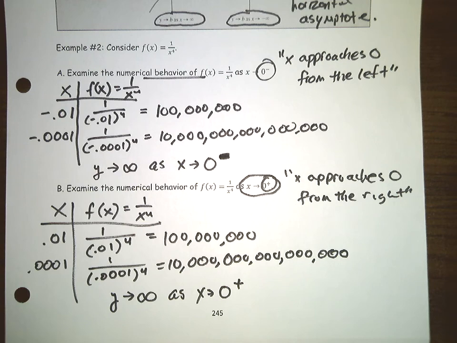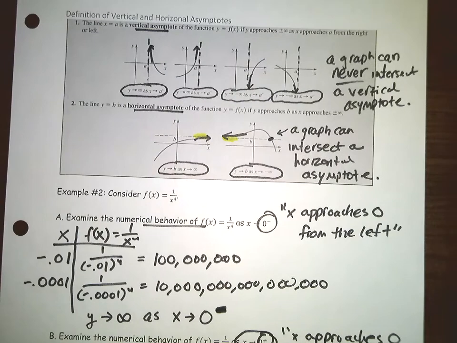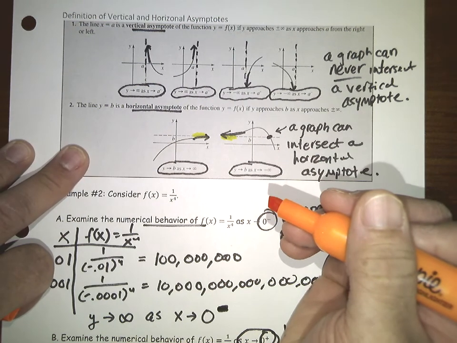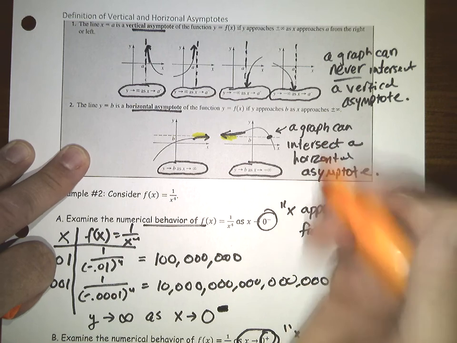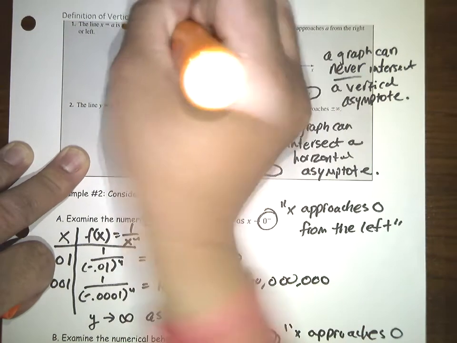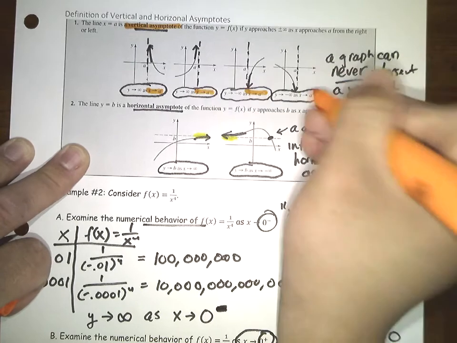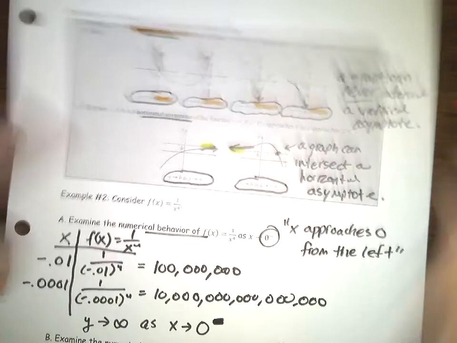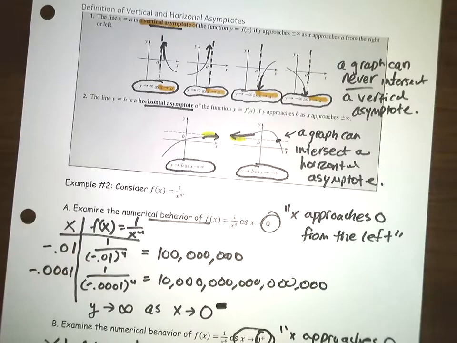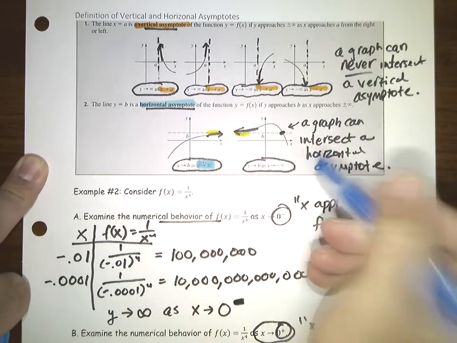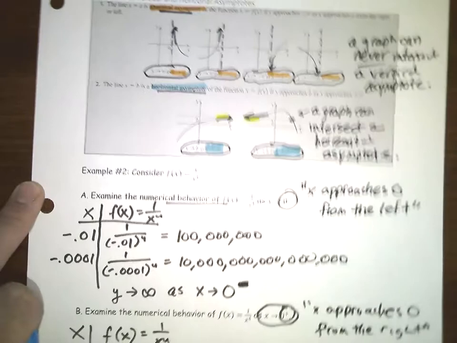If you're looking at whether there's a vertical or horizontal asymptote, all of the vertical asymptotes are x approaches some number a from the left or the right, but all of the horizontal asymptotes are x approaches infinity or x approaches negative infinity.